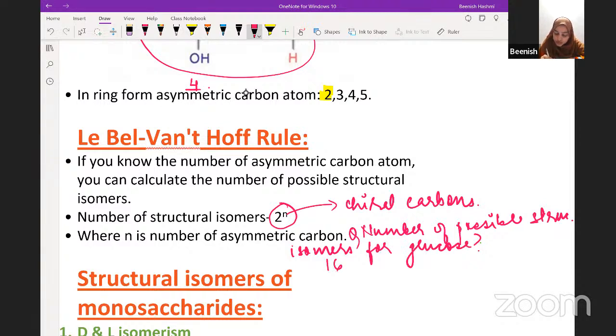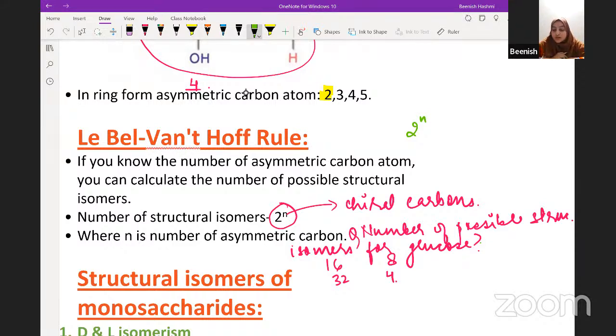And your options are 16, 32, 8, and 4. So quickly tell me in the comments what your answer will be. 16, 32, 8 or 4. So what will you do? You will apply the formula that I've just given you, that is 2 to the power n.